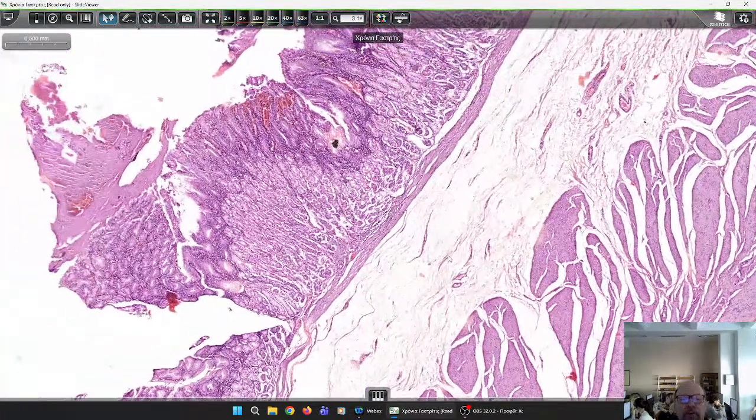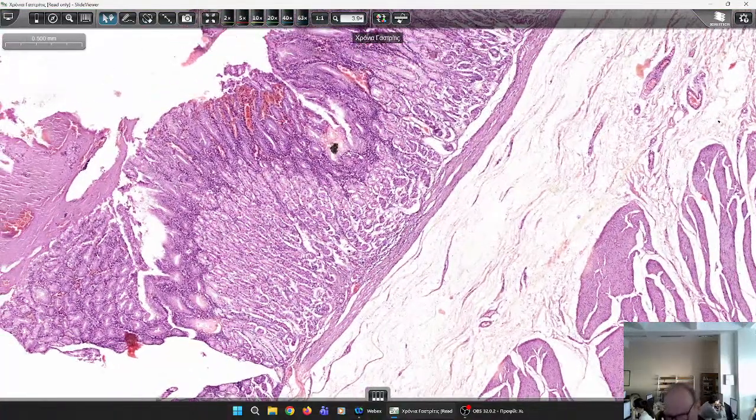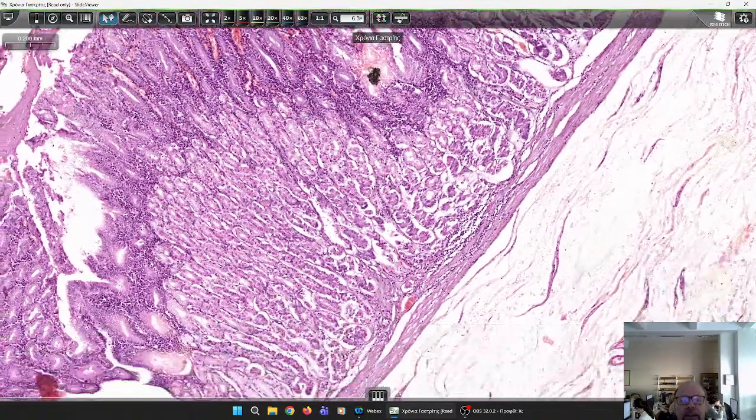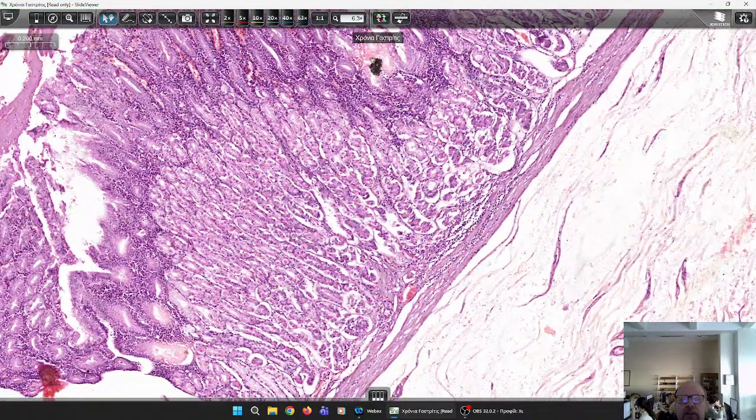Now, let's have a look here at the mucosa of the stomach. I can see these parietal cells, so I can understand that this is oxyntic mucosa. It is in the body of the stomach, not close to the pylorus.